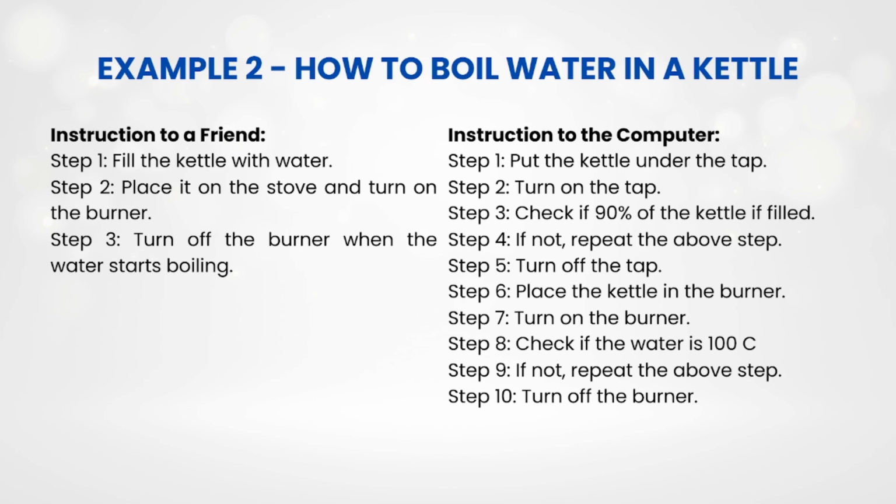Step 8, check if the water has reached 100 degrees Celsius. Step 9, if not, keep checking. And finally, step 10, once it has, turn off the burner. This shows how an algorithm requires breaking the task into small, precise steps for the computer to understand.